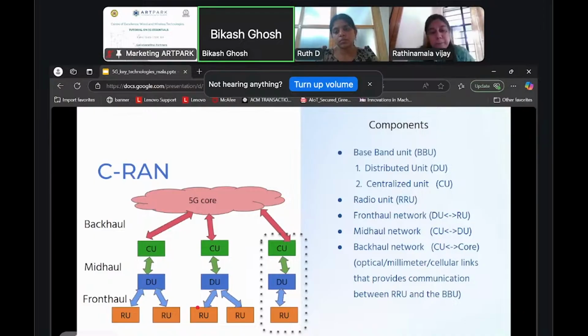Yes, ma'am. We generally place it along the track area, where we put a prefabricated shelter. Suppose I have placed my shelter, in which I have placed the CU and DU with routers, at distance 0. From that 0, every 2.5 or 3 kilometers, based on the terrain, I place an RU. If it is too dense, then I have to reduce the distance, because my train speed is more than 300 kilometers per hour.